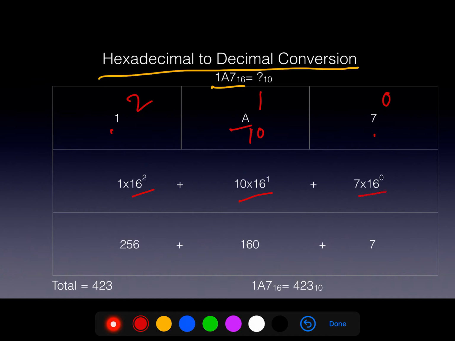When we simplify, 16 multiplied by 16 is 256, multiplied by 1 gives 256 again. Then 16 raised to the power 1 is 16, multiplied by 10 gives 160. That is simple calculation you can easily do. And finally the 7.